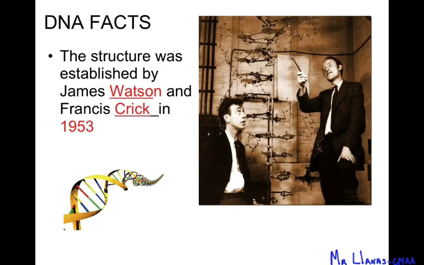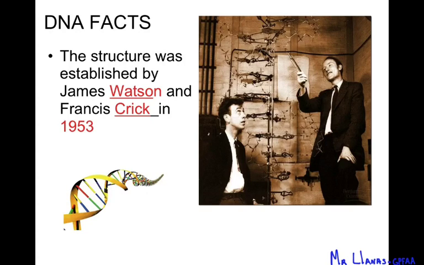She discovered the image of DNA using X-rays back in '52. So they used that image to come up with the structure of DNA. So they're very famous for that.